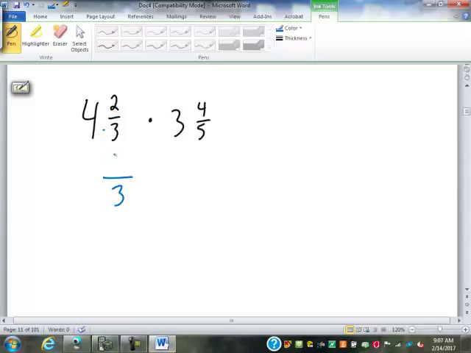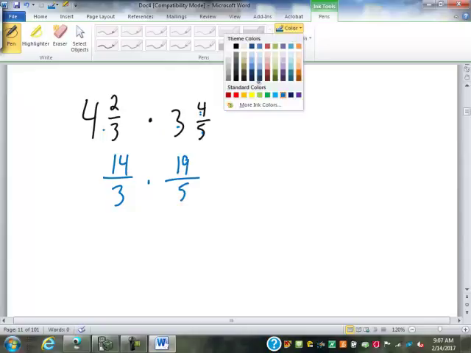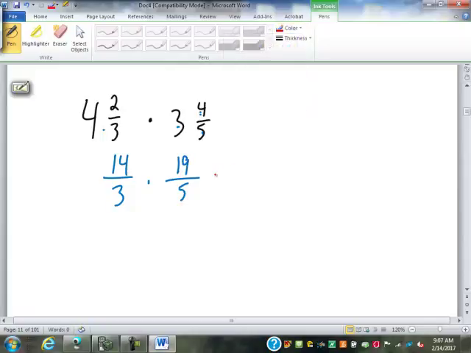Okay, so it's 14 thirds, good. 3 times 5 is 15, plus 4 is 19 fifths. Now I could cross cancel here, but there's nothing that cancels again. So 14 times 19 is 266, I believe.